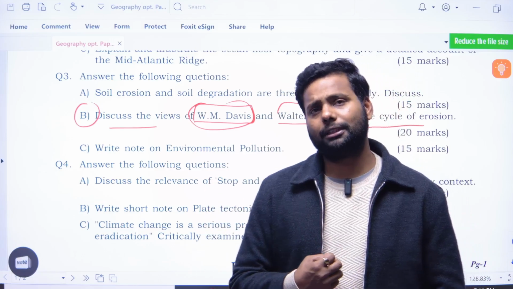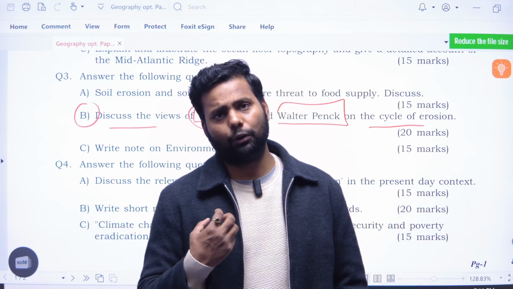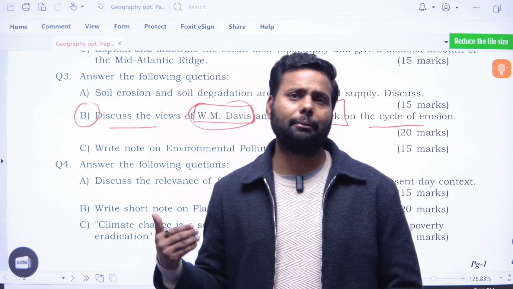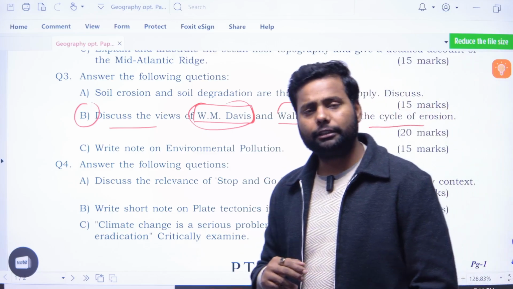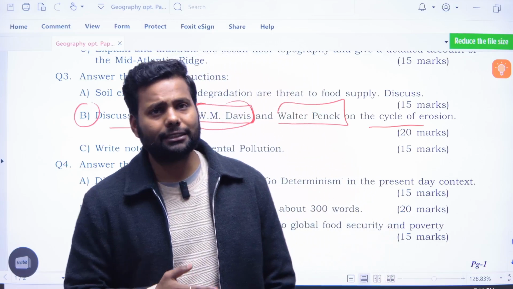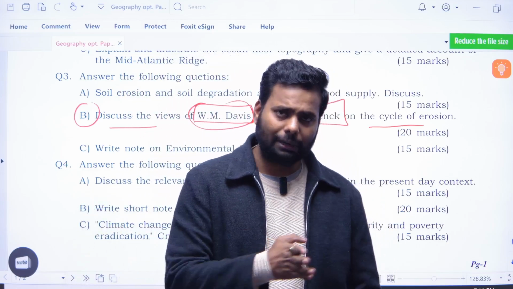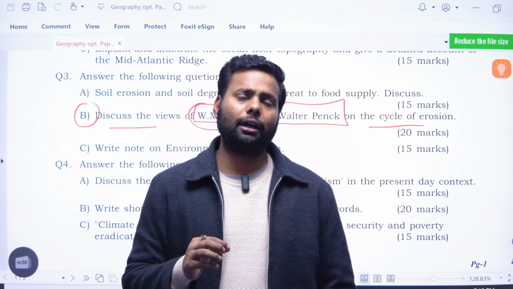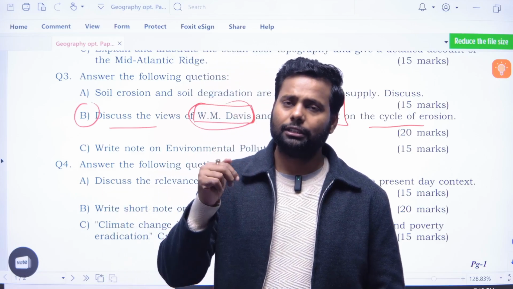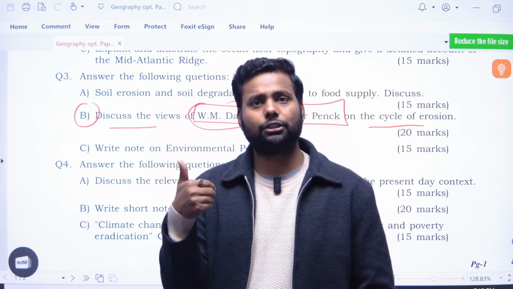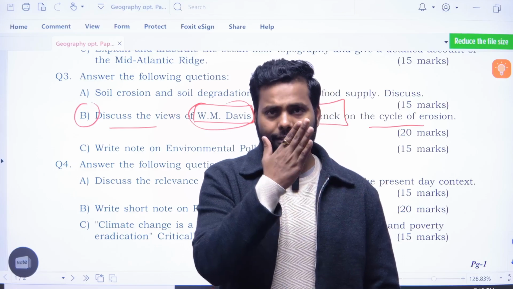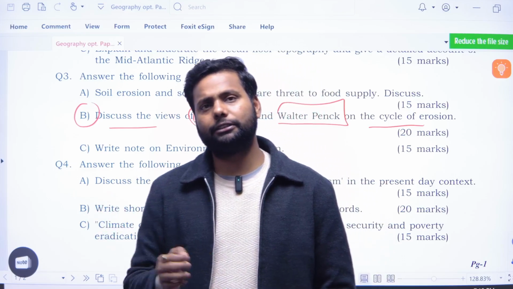Every landform is a function, or the outcome or product, of structure, time, and processes. Penck's model is considered time independent, and it considers phases, not stages. Davis considers the stages and Penck considers the phases.